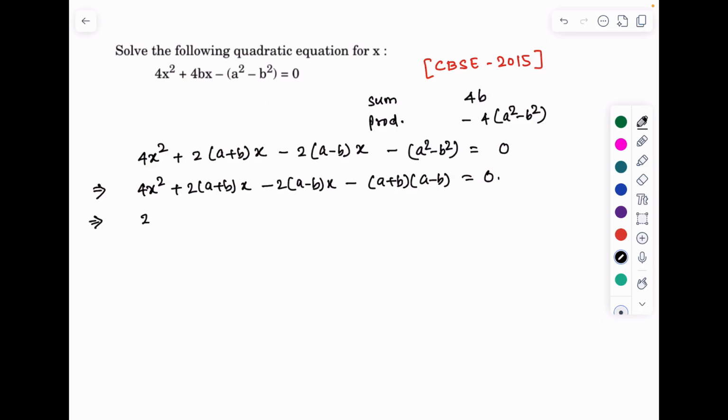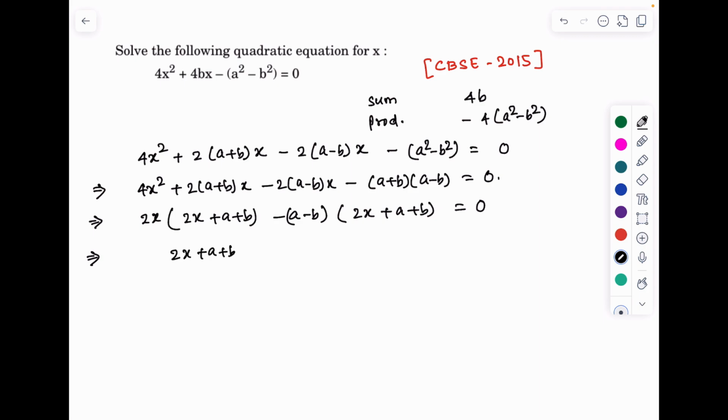Or if you will take 2x as common, we will get 2x plus a plus b here minus ab, if we will take as common, a minus b will take minus a minus b. If we will take as common, we will get 2x minus 2x plus a plus b is equal to 0.